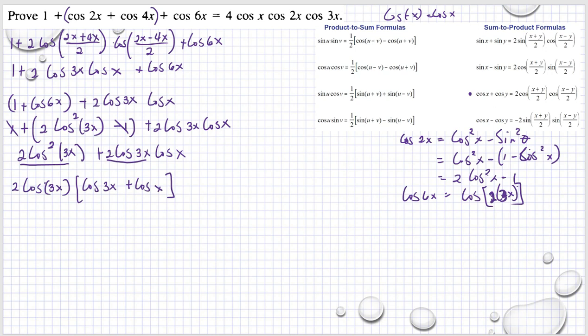And we have cosine 3x, cosine here, this one.